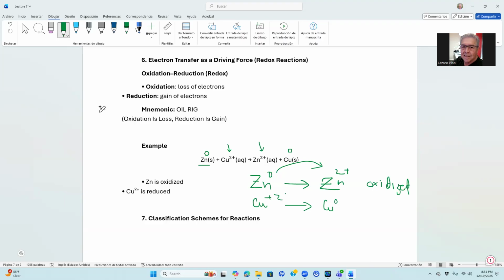In this case, the oxidation number is reduced, and then we say that this element or substance is reduced. And the combination of an oxidation process and a reduction process is what we call redox.